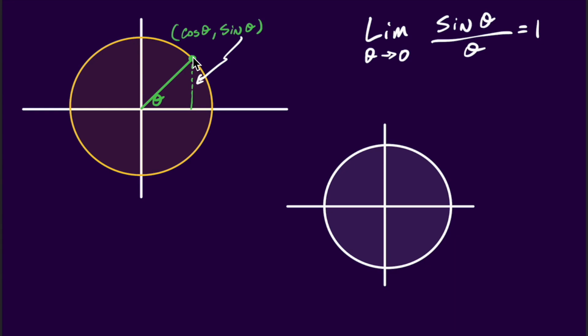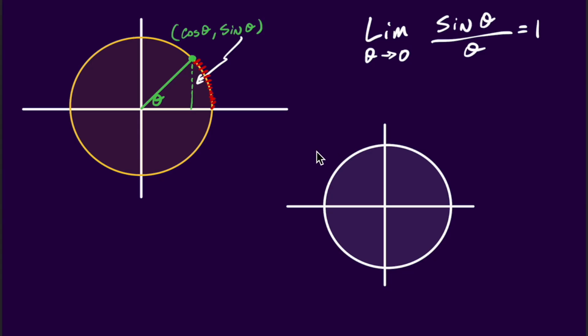So we know this distance right here, which represents the y coordinate, is the sine of theta. But the other thing to point out in this derivation is that the distance of that portion of the circle is the same as theta in radians.